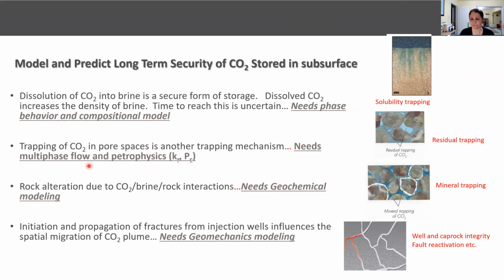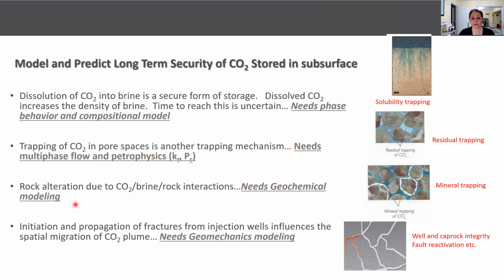When you do water flooding, you're going to leave some of the oil as a residual that is going to be very difficult to mobilize. So that will be another mechanism that requires, again, multi-phase flow and also knowledge of petrophysical properties like relative permeability and capillary pressure, possibly hysteresis.